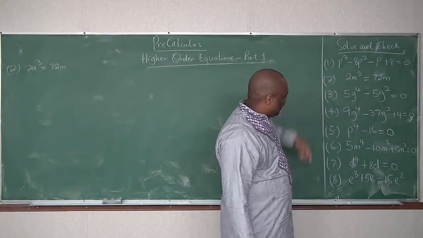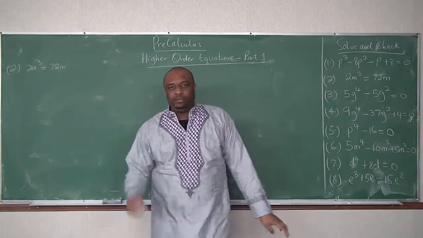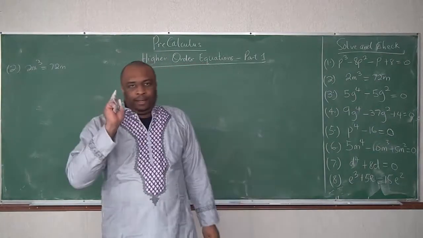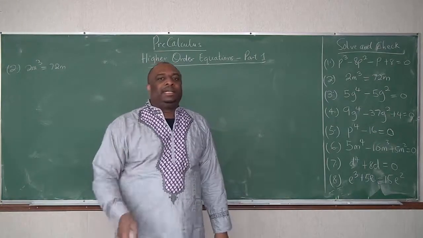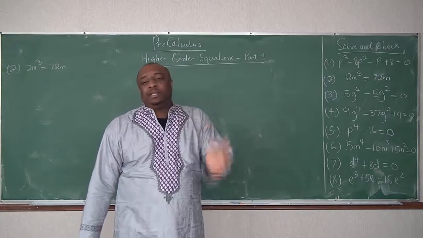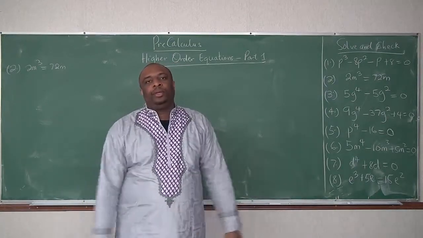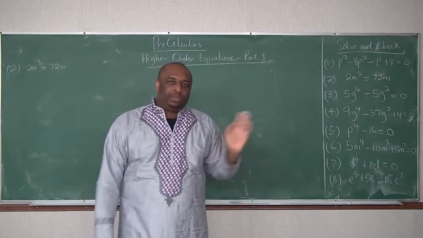Question 2 is not set equal to 0, and question 8 is not set equal to 0. If 0 is not the right hand side of the equation, you have to set it to be equal to 0.